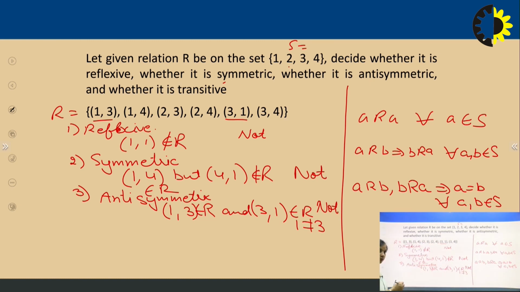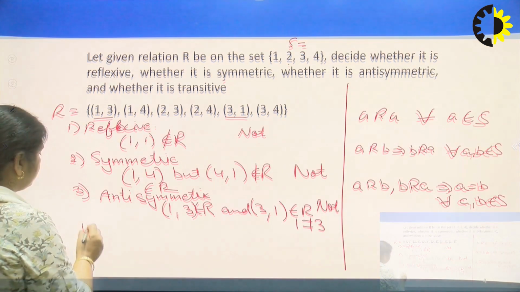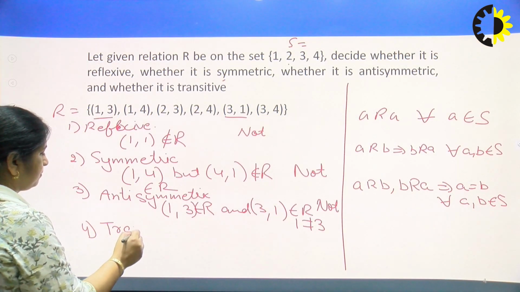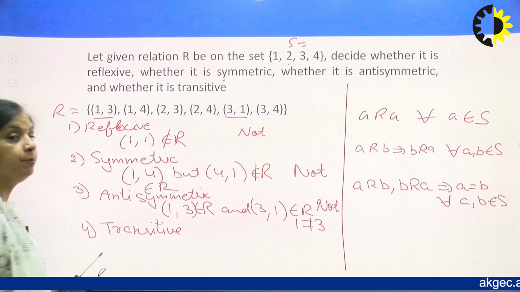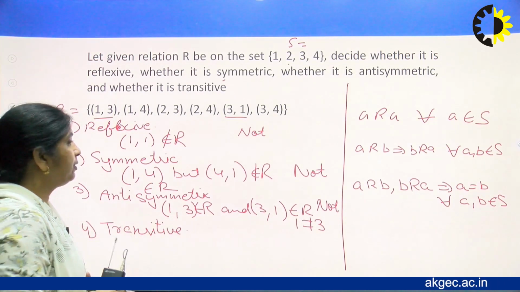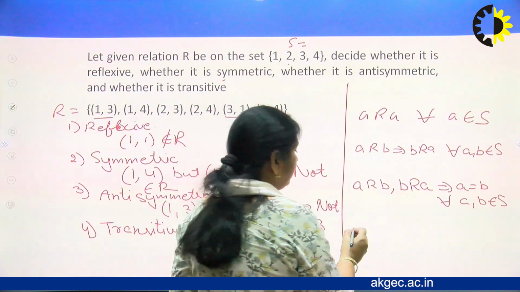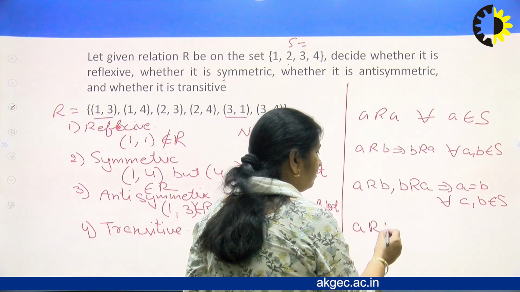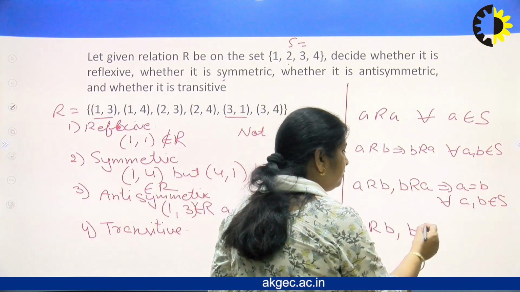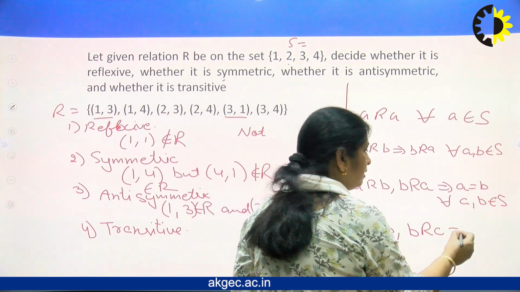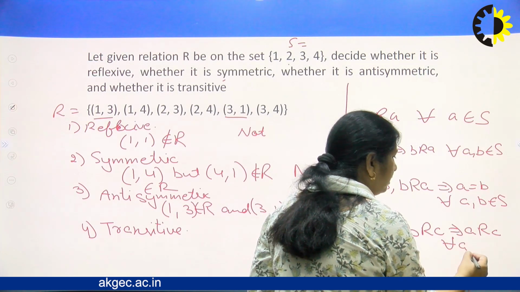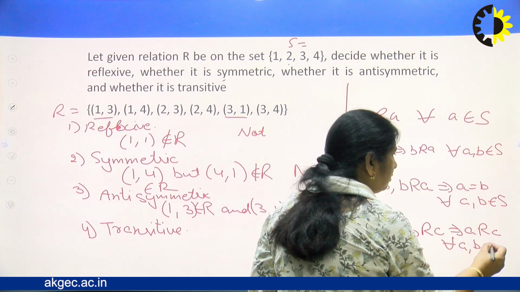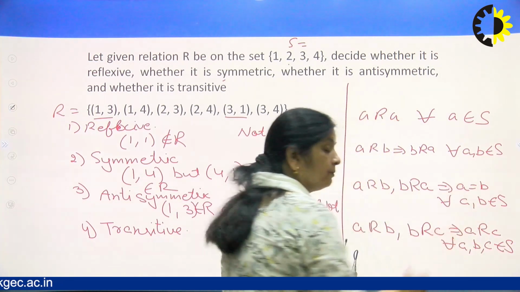Okay, now the last one, transitive. In the transitive property, what is the scenario? If A is related to B and B is related to C, then A should be related to C for all A, B, C belonging to the set.